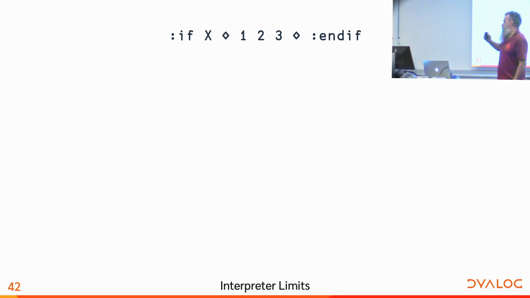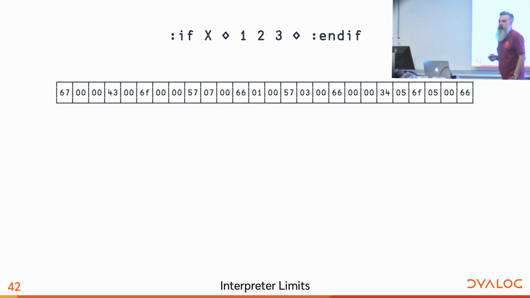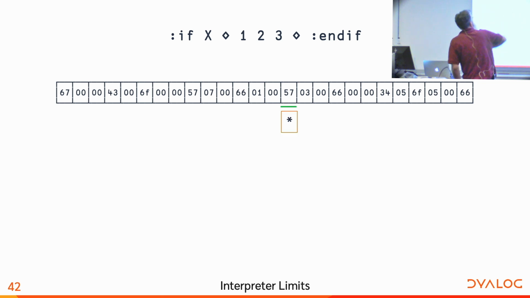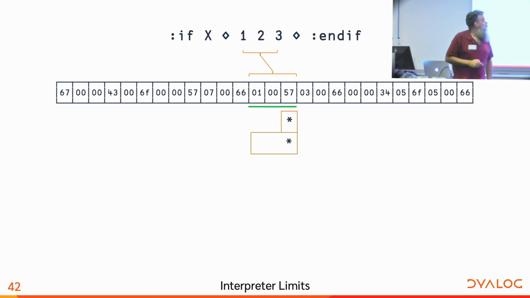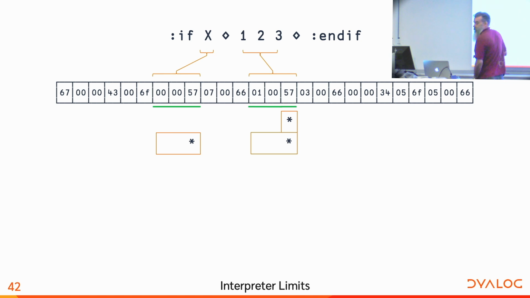When we process a line of code, we convert it into a sequence of bytes that we then go through one at a time to figure out what's going on. So with this line of code here, we have a token 57 in the byte stream, which tells us that the following 2 bytes are an index into that local pocket. So these tokens tell us that it's the reference to the 1, 2, 3. And then the 57, followed by the 2 bytes that we see here, are our reference to X.